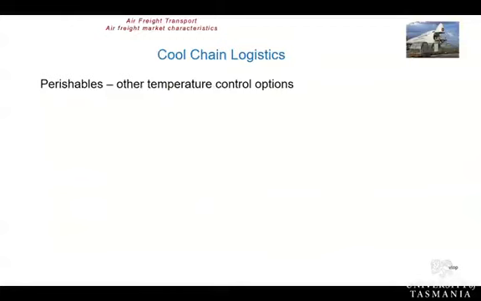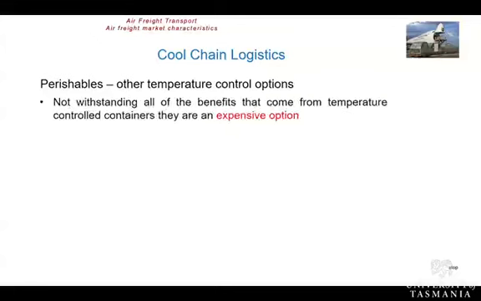So my final comment on the cool chain is that as useful and valuable as one of those sophisticated containers might be, they're not the only option available to you. And really, if you think about it, if you're carrying some perishables with a low unit value, you're not going to put them in that particular type of carrier.